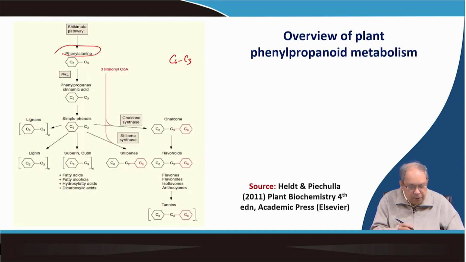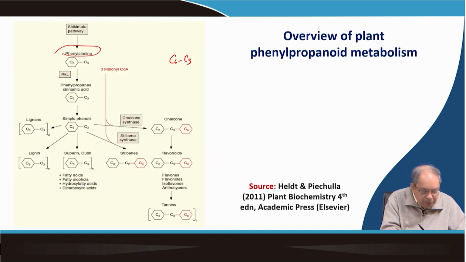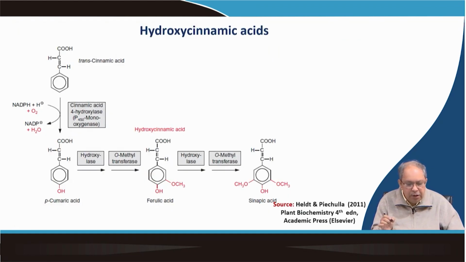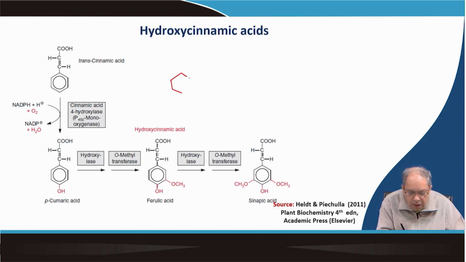Our point of discussion today is lignin, and the precursors of lignin are the monolignols. This is the structure of hydroxycinnamic acids, which I also showed in the previous class. Let me show you how the structure changes.